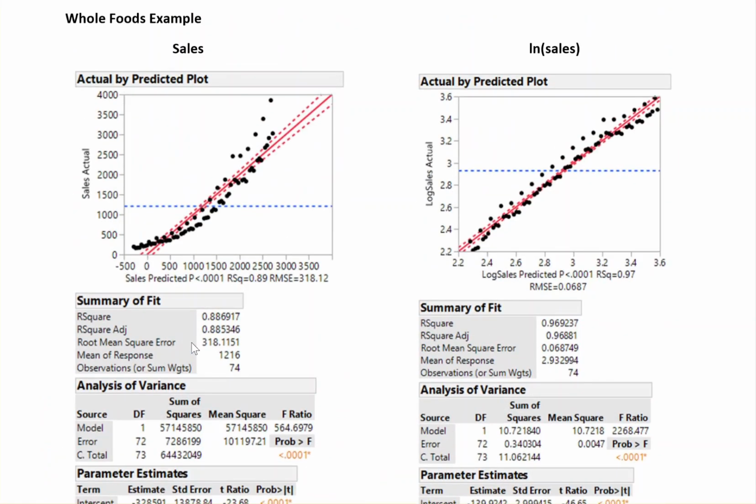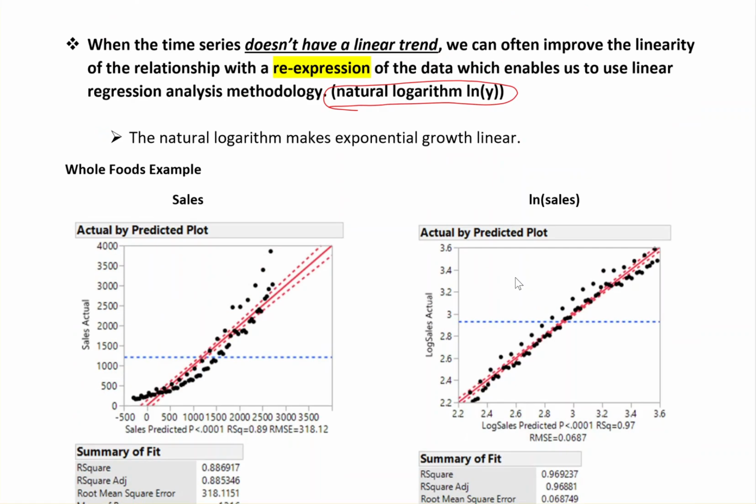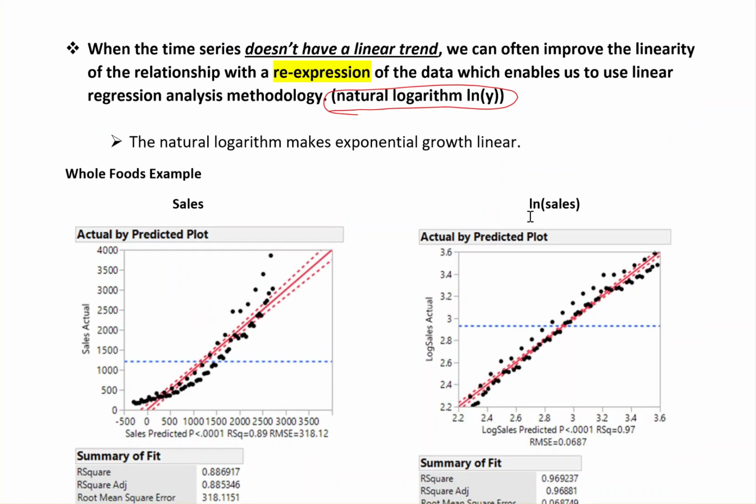All right, and then I want to improve this model, but actually in time series this is not allowed. We will talk about this later. Right, so we need to change this curved relationship to linear relationship by what? By doing the natural log transformation.